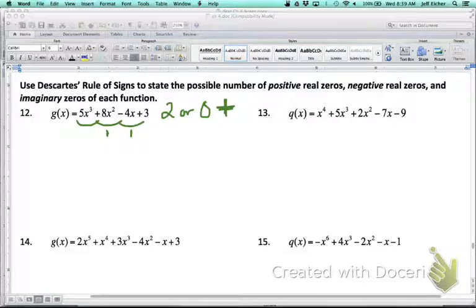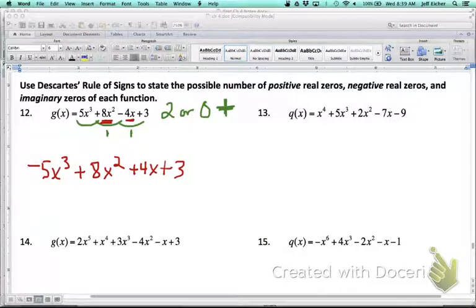For the negative, plugging in a negative for the x, we would have negative 5x cubed. The sign would change because of the negative. Plugging in a negative for the next term, that would still be just positive 8x squared. And then plugging in a negative here, that would be a positive 4x, and then plus 3 doesn't change.